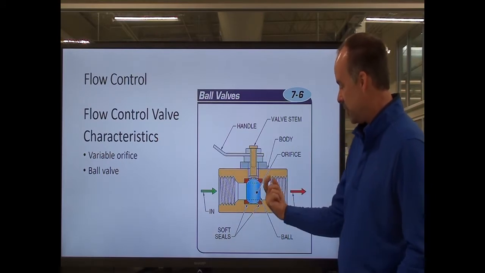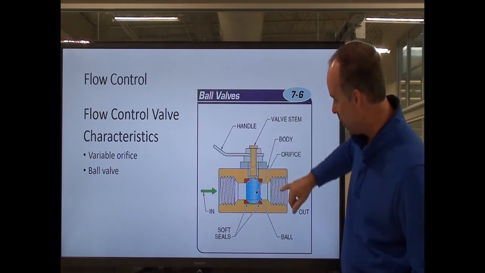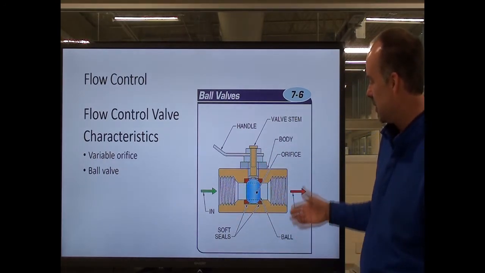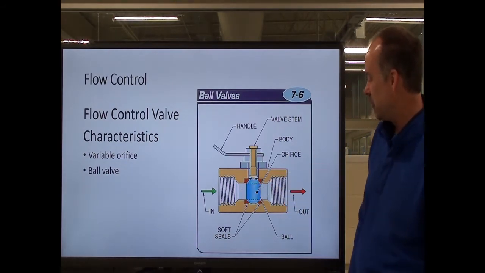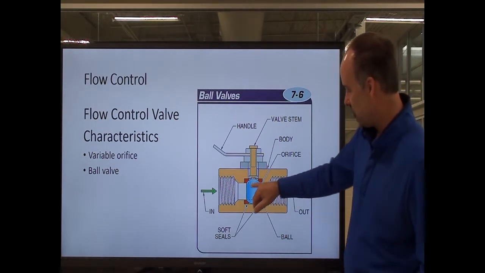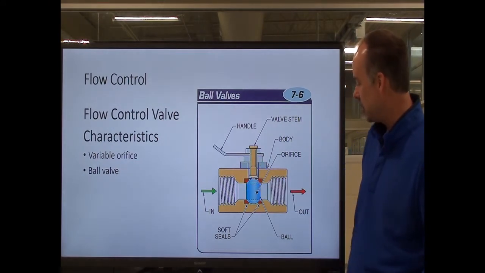If I rotate the ball, the opening in the ball goes into the flow path and allows the flow to go. It's just the direction of flow on this diagram. It doesn't matter which way the fluid flows through a ball valve. There's just a hole in here, and depending on which way you turn it, you take the hole out of the path or put it into the path.